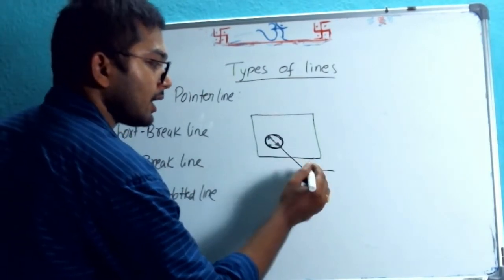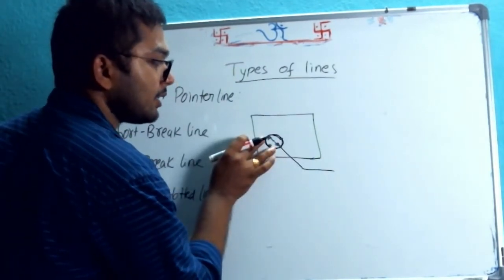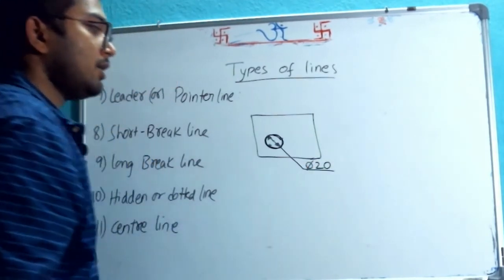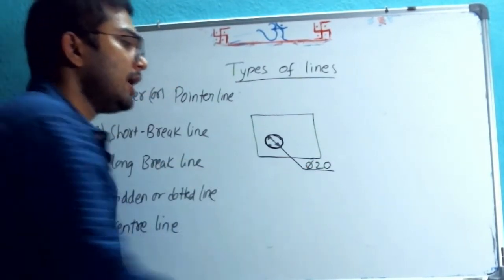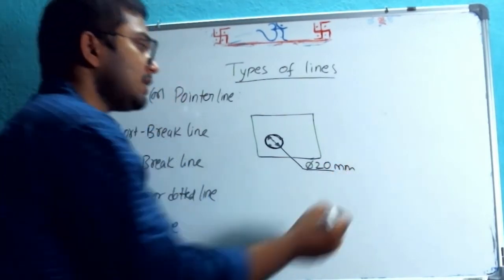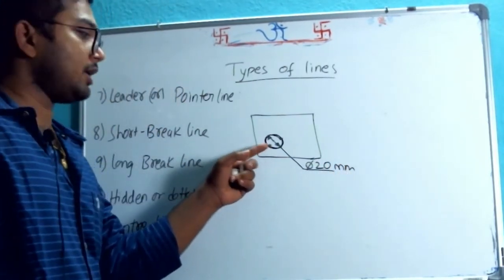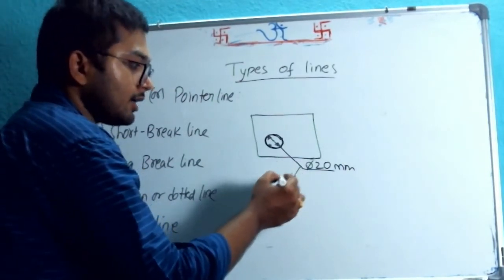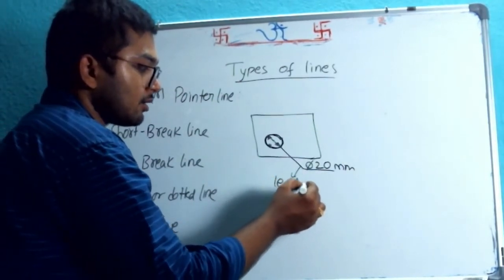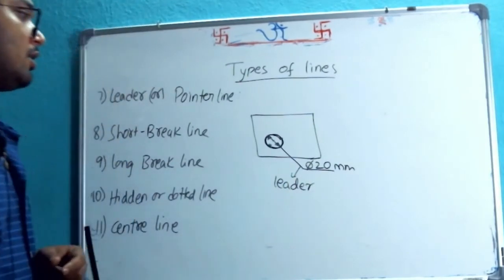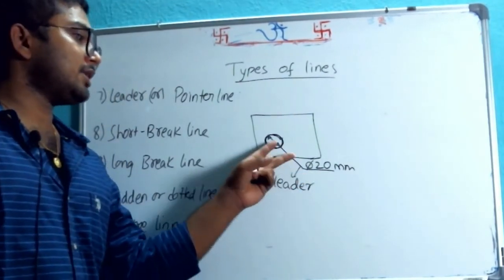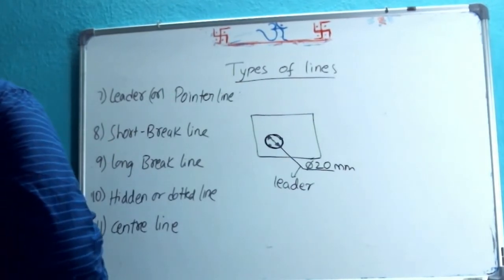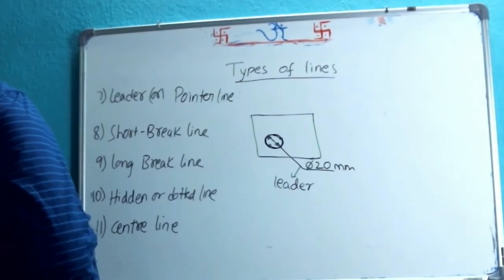And here we can write, say its diameter is 20 mm, so we can write ⌀20. The symbol represents diameter, and mm. Now this particular line is a leader or pointer line. So this is used for this kind of dimension. Another type, another also I can mention.